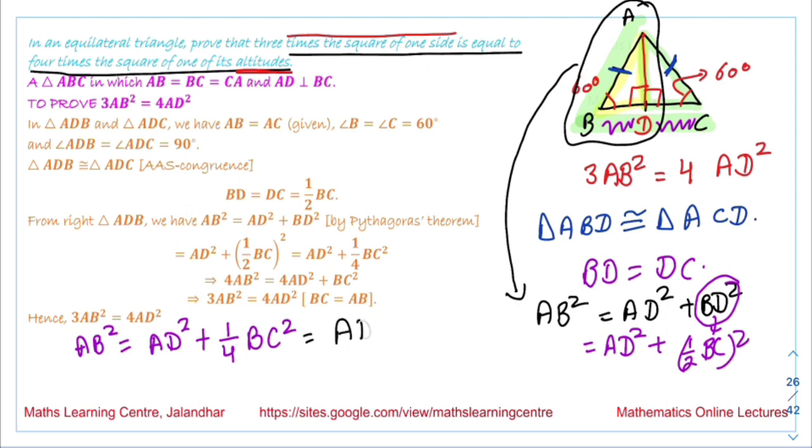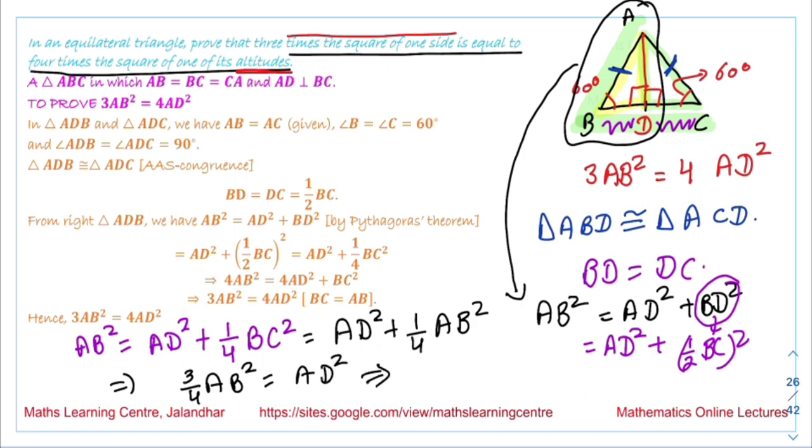So it is equal to AD square plus 1 by 4 times AB square. This gives us that 3 by 4 times AB square is equal to AD square, and this gives us that 3 times AB square is equal to 4 times AD square. And this is what we had to prove.